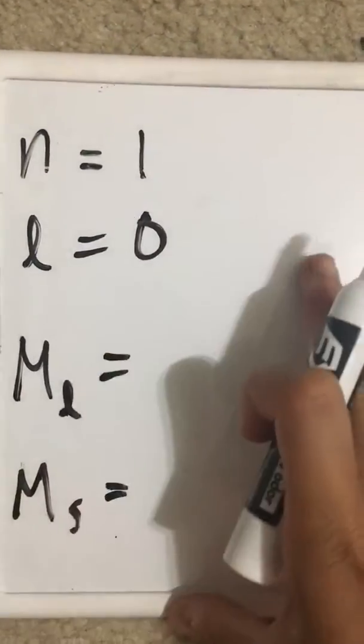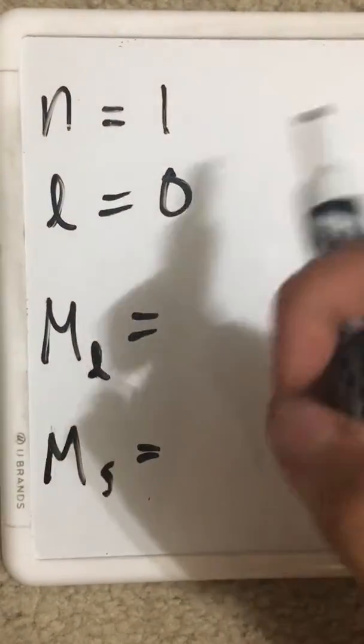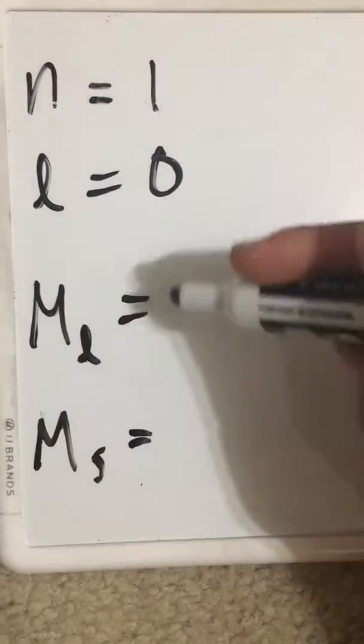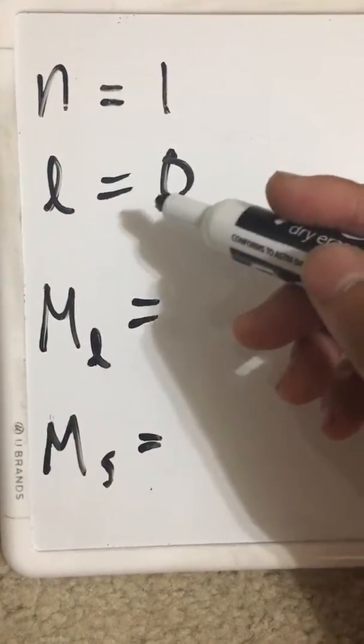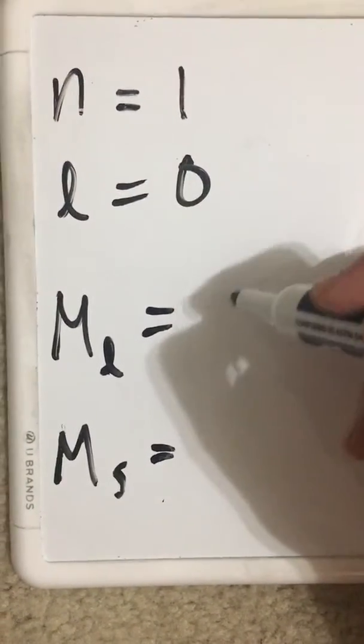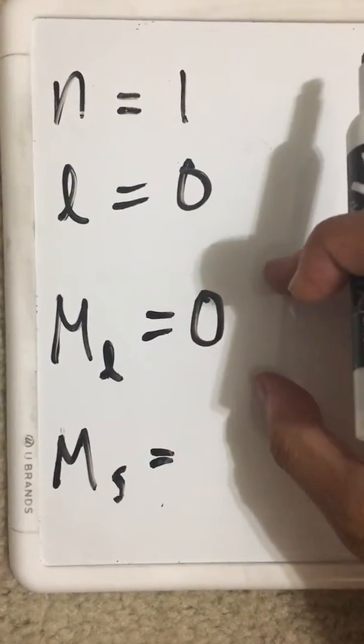ML, the magnetic quantum number, shows how many orbitals we are dealing with, the shapes that we know of the orbital. And so, it is just the range of positive L to negative L. So positive 0 to negative 0 is just 0. That means we're dealing with only one orbital.